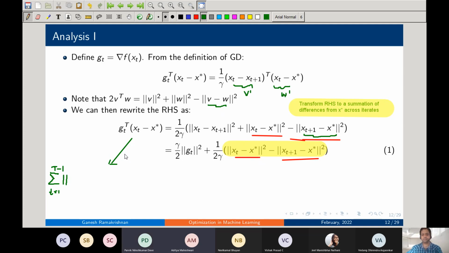At least for the highlighted part, we'll only have two terms remaining, the initial time and the final time. So on the left hand side, we have gt times xt minus x star, summed across all values of t. Nothing will get cancelled on the left hand side, right? Nothing vanishes there. But on the right hand side, we will have some simplification.